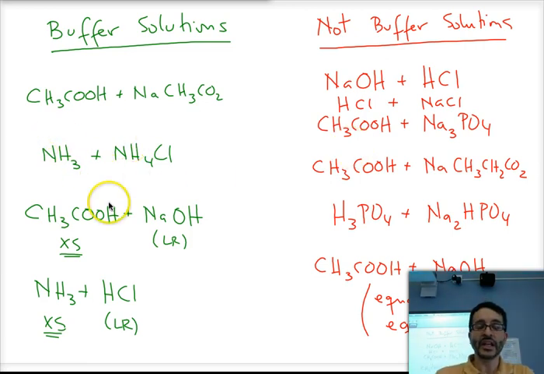Now there's two here that may look more surprising. If I have ethanoic acid and sodium hydroxide, but the ethanoic acid is in excess and the sodium hydroxide is the limiting reagent, it means that it's going to run out. That is going to produce a buffer. Why? Because as the sodium hydroxide reacts with the ethanoic acid, it's going to form sodium ethanoate.